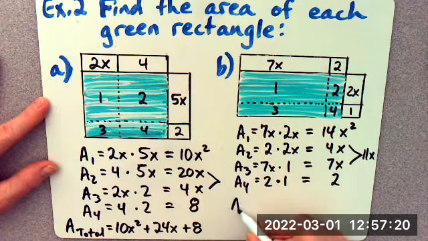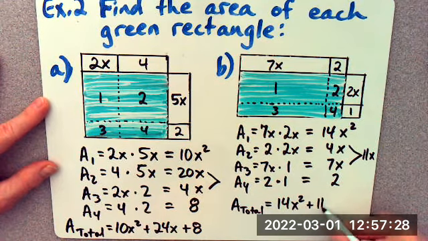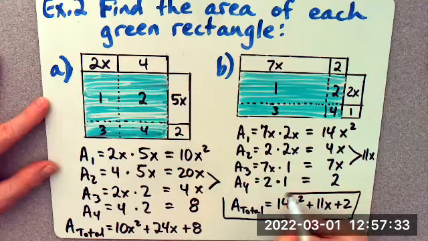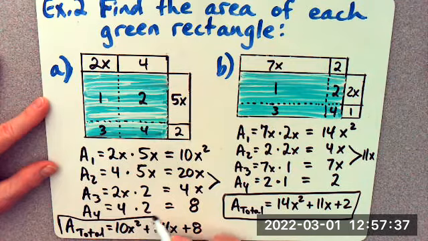And so our area total for the green area would be 14x squared plus 11x plus 2. So that's the total for our smaller rectangle, and that would be the total for our larger one.